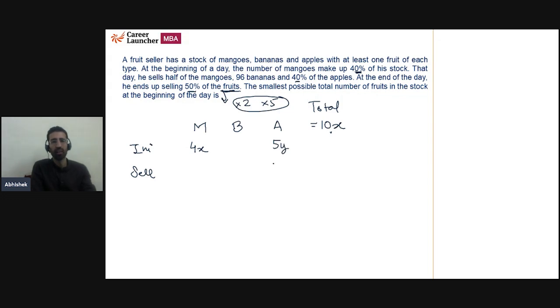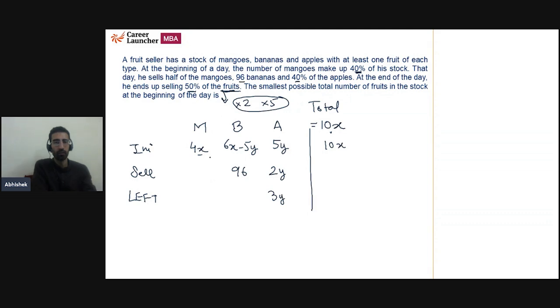Let's say it's 5y, whatever variable you want to take. So you're selling 40%, 2y apples. You're left with, at the end of the day, 3y apples. See, if you're taking total 10x, it is prudent, rather than introducing a separate variable, to just say bananas is 10x minus 4x minus 5y. That's 6x minus 5y.